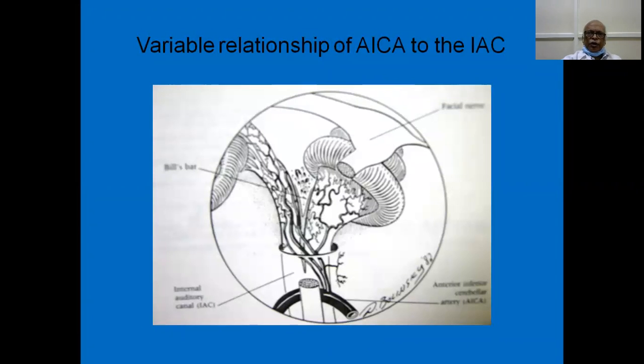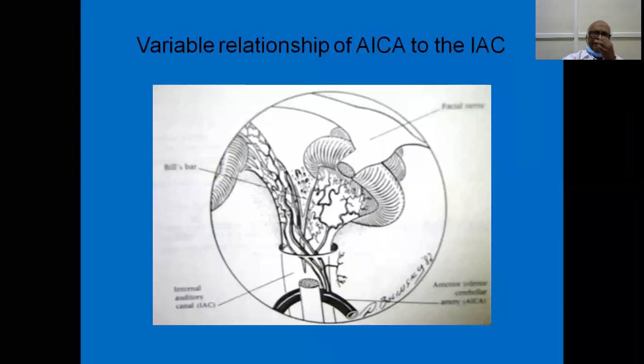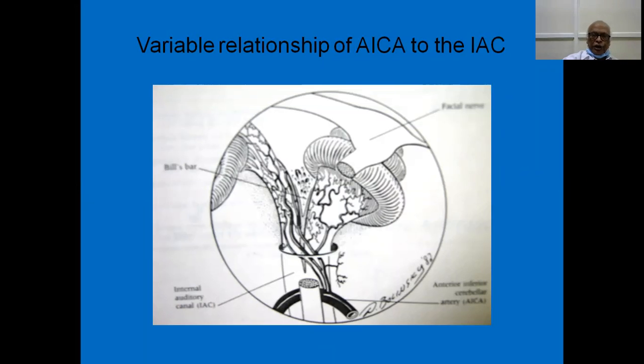Very rarely you may find the anterior inferior cerebellar artery, which is in a variable relation to the internal auditory canal. Then you have to retract it very, very carefully.